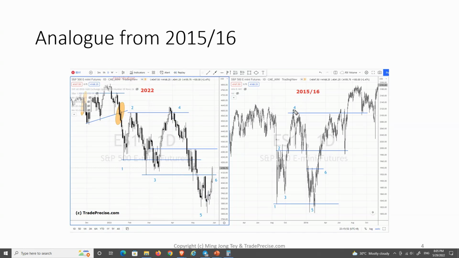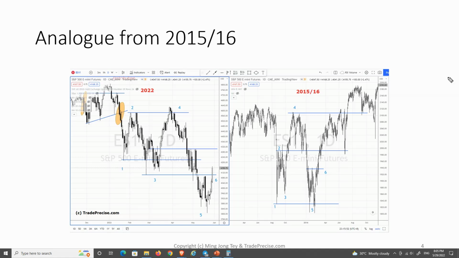So from 4 to 5 is a sell-off. From 4 to 5 here, we got a sell-off as well. But of course, there's a lot of volatility involved here as well. Unlike the current year, this year is kind of a straightforward trend, from 5 to 6, which is what we are having right now.